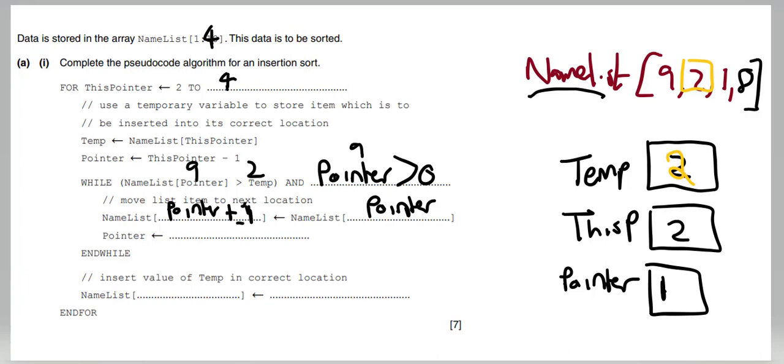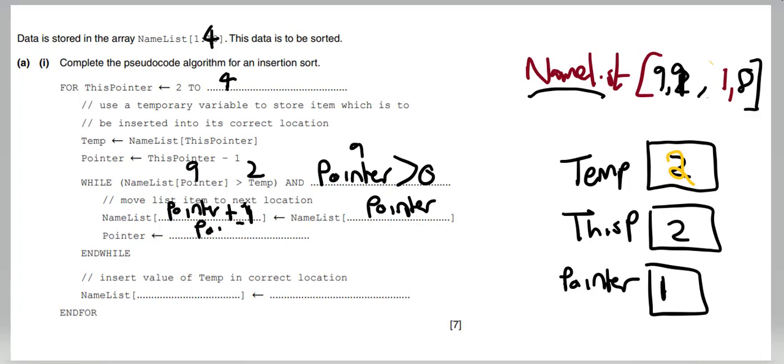So now let's make some changes to this list. We've got 9 here, and we've now got 9 here. So what we've done is we move the number 9 and put it into its next door neighbor. So we've got now our list 9918.